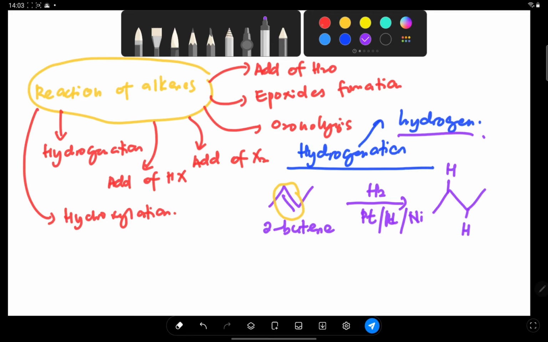This is the hydrogen that you add, or we assume like this. So you will produce a butane or alkane.